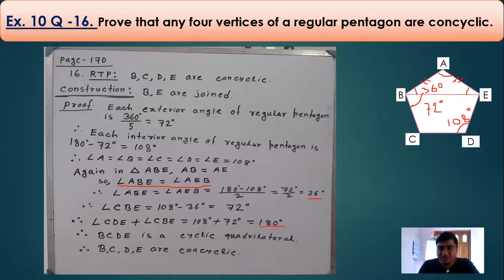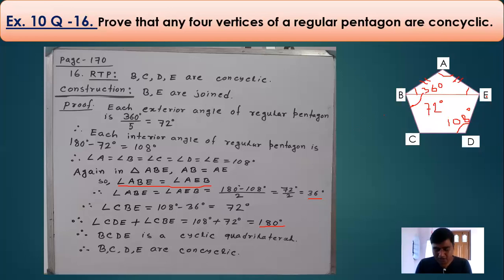So these opposite angles are supplementary. Therefore, BCDE is a cyclic quadrilateral, so B, C, D, E are concyclic.